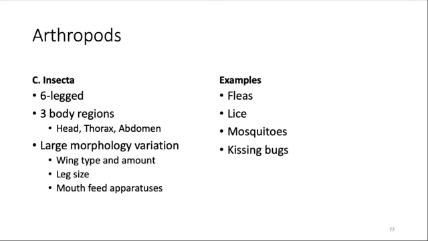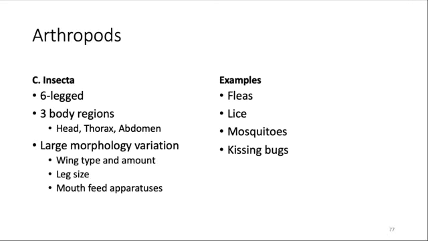So insects, unlike arachnids, have 6 legs. In terms of the tagma, they have 3 body divisions: the head, the thorax, and the abdomen. There is a large variation amongst insects.